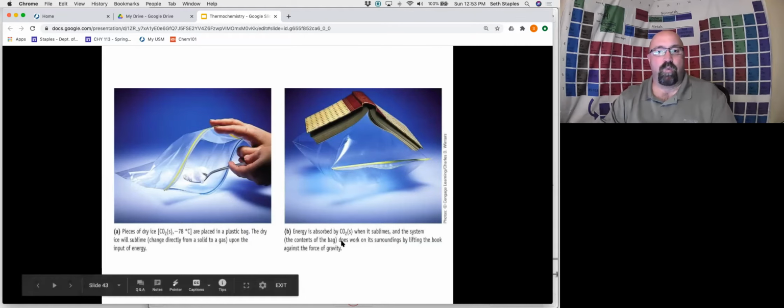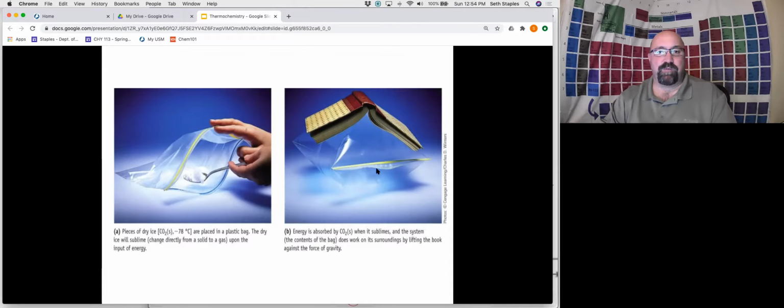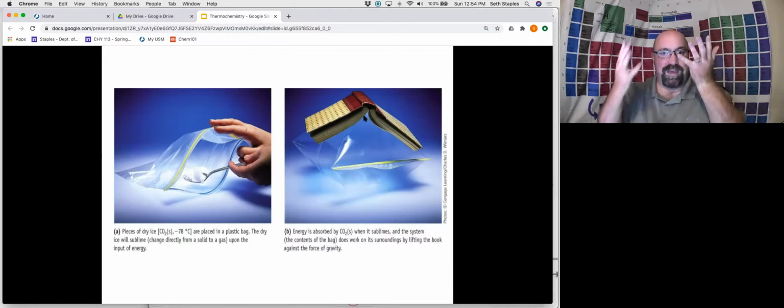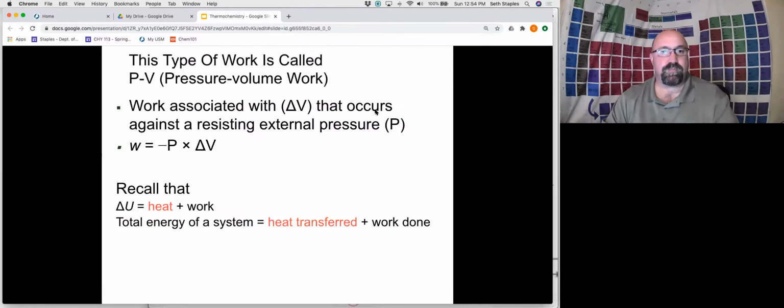But we're also going to do work energy, because as the gas forms, if we have, for instance, a book on top of the bag, gas will form in the system and lift the book up against gravity. And so now work is being done as well. By this system, we have energy change occurring as the CO2 absorbs energy. And we also have some work occurring as the book is lifted up.